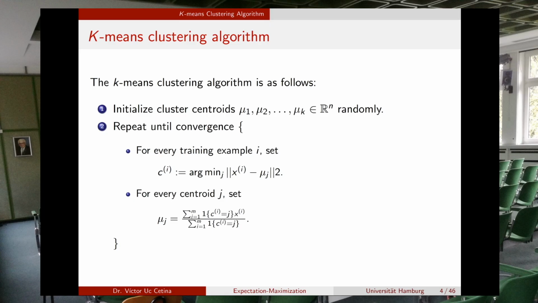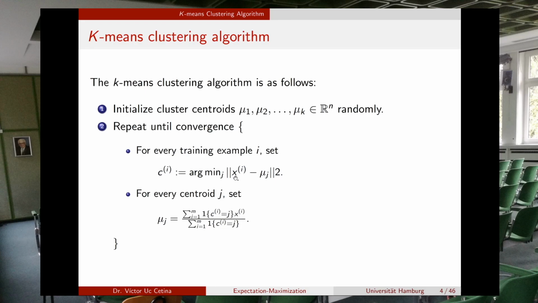So here, assume that this c is a vector in one dimension, and you will assign to each position i the label of the centroid that is the closest one to the input vector i.